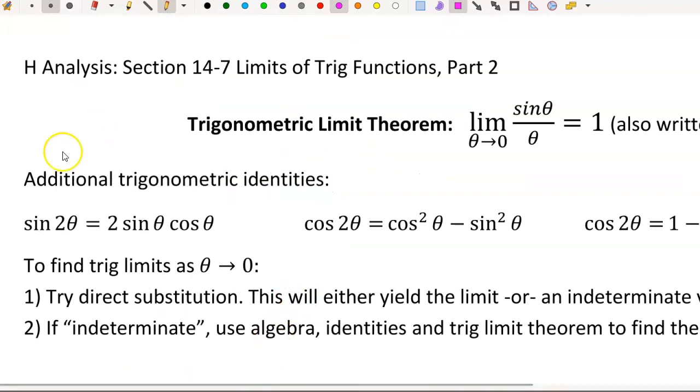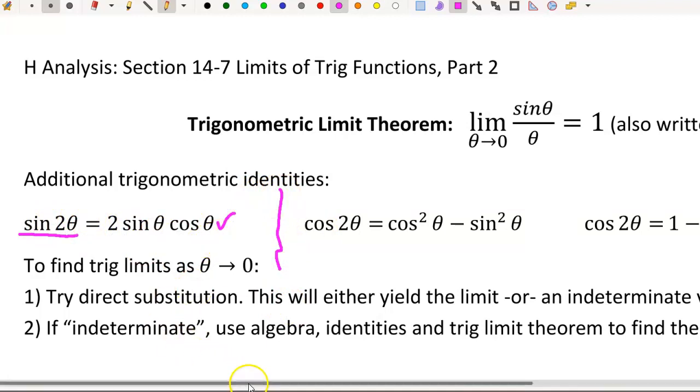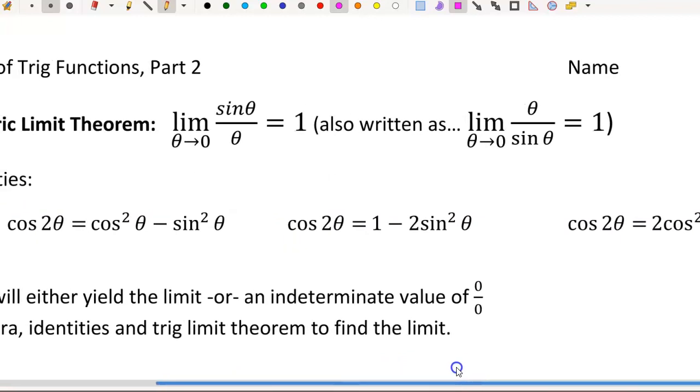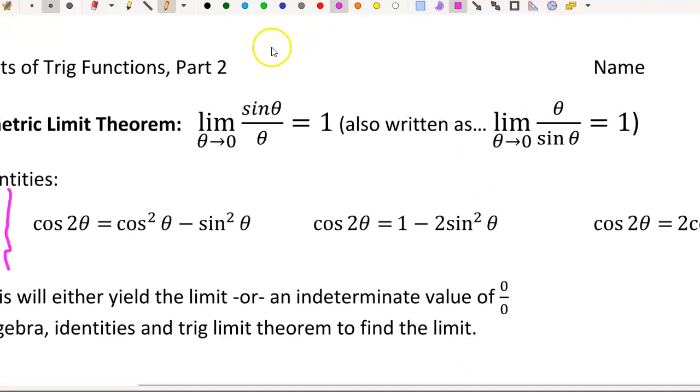Now, if we're going to substitute for sine 2 theta, well, there's only one possibility. That's this one, because you'll notice we have one formula for sine 2 theta, but we have 3 formulas here for cosine 2 theta, or 2x, or whatever variable it is. But one of them stands out because it deals strictly with sine, and that would be this one.